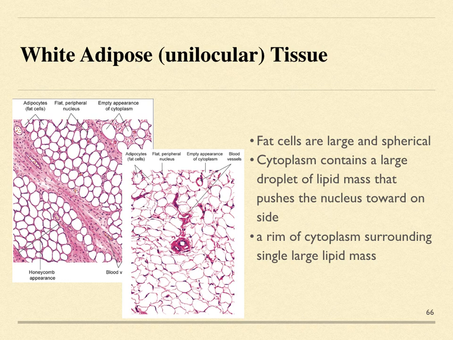During tissue processing, the fat droplet is washed out, and then you can see the adipocytes like empty spaces. And there is just one nucleus on one side of these empty spaces.